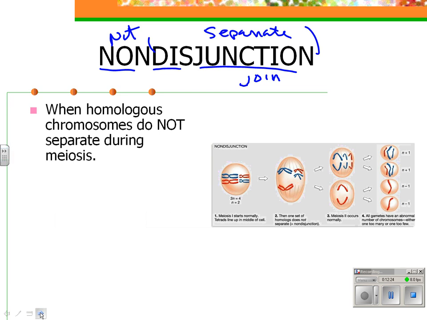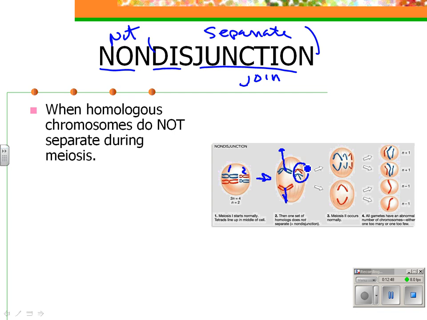Nondisjunction is when homologous chromosomes do not separate themselves during meiosis. So in other words, here we have chromosome pair number 1, let's say, and chromosome pair number 2. In the first part of meiosis, this one goes that way and this one goes that way like normal, but you see here that these two did not.